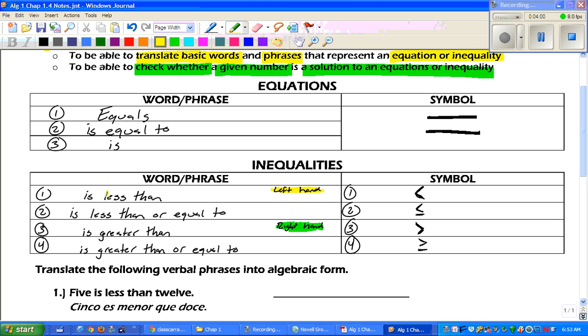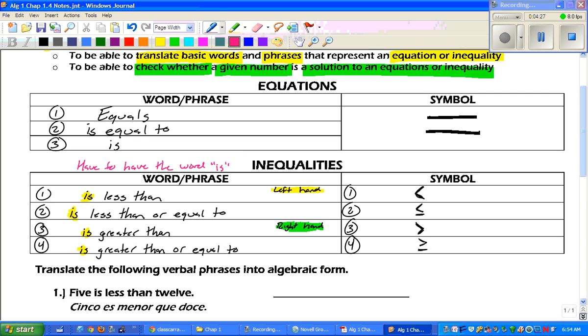Now, a key thing that you see in every single one of these is the word is. When you see these, they have to have the word is in them, otherwise they are not an inequality.